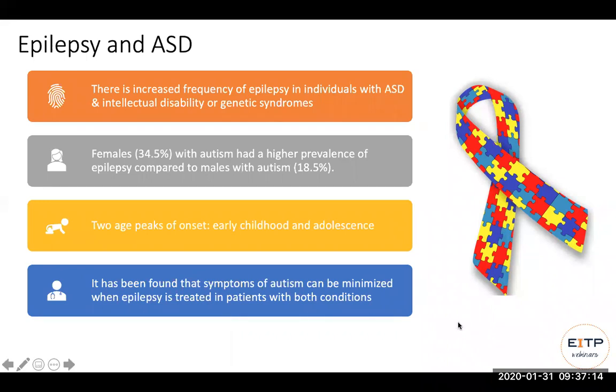The question here is about why females have more prevalence of epilepsy. I don't have a good answer for that. This is in the literature, but I don't think we have a good answer for why females have higher prevalence, which is interesting, right?